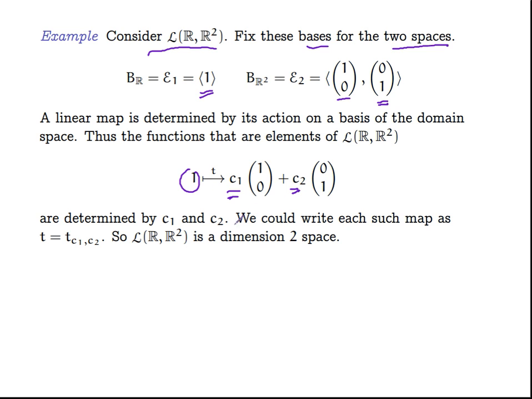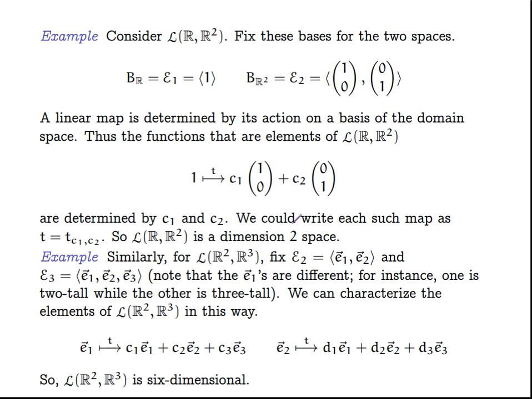Any constants C1 and C2 determine a unique linear mapping. So C1 and C2 are like the two components of a two-dimensional vector. So the set of all possible linear mappings from R1 to R2 is a two-dimensional vector space.